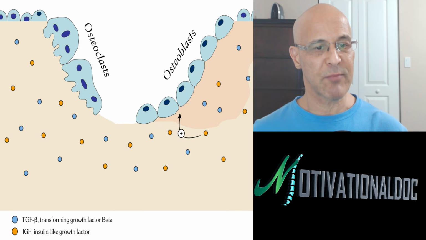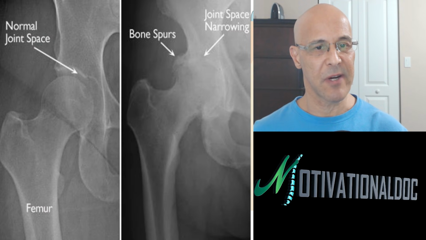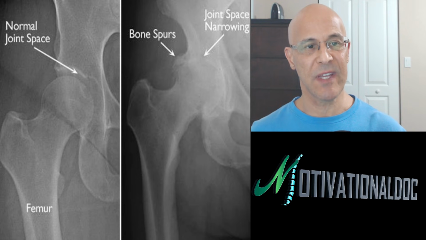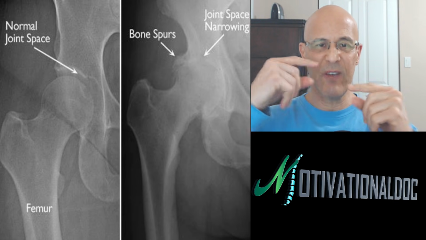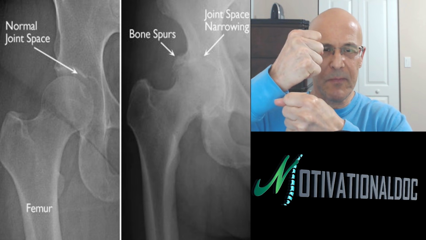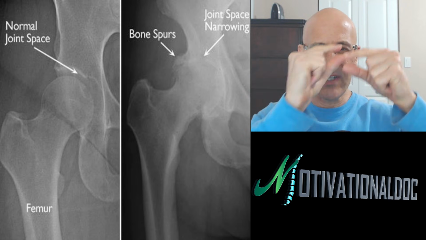Let's go ahead and bring you through a little bit of x-ray here. As we look at this, we're looking at bone spurs in the hip. If you look to the left, normal joint space. To the right, you see bone spurs because you have bone on bone. So you have a joint between two bones, and you have articular cartilage on the outside of the bone.